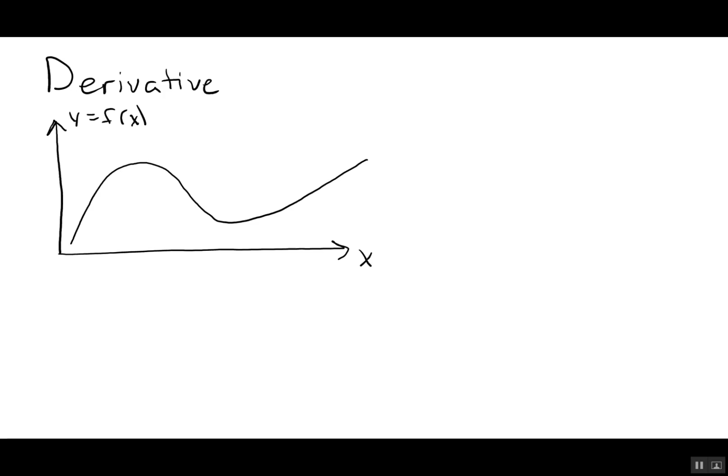So to motivate what's going on here, I drew a nice smooth function, looks like a polynomial, y as a function of x. Let's say you want to find the slope of this function at the red dot, the point I labeled x equals a.